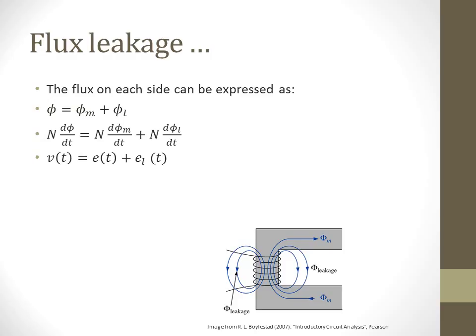Now, if you differentiate this flux equation with respect to time and multiply by the number of turns N, according to Faraday's law, this gives us a voltage. Vt is the total induced voltage. Et is the induced voltage due to mutual flux, and Elt is the induced voltage due to leakage flux.